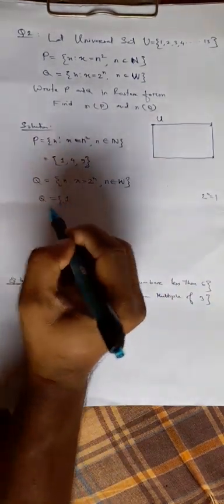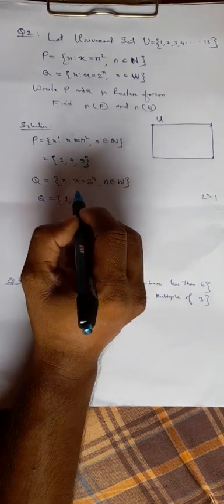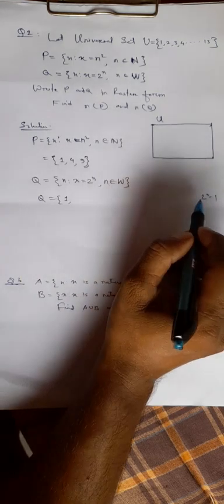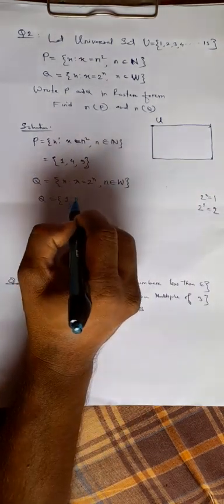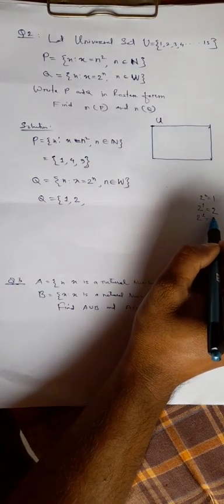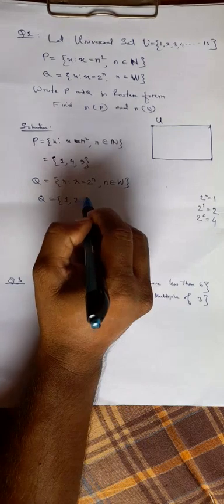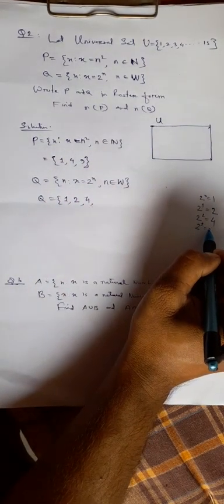First element is 1. Second element, if you put n equal to 1, 2 to the power 1 equal to 2. Third element is 2 to the power 2, that means 4. Fourth element 2 to the power 3, this is 8. 8 is an element of the universal set.